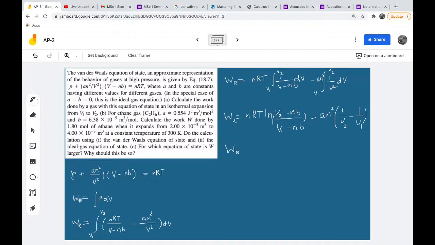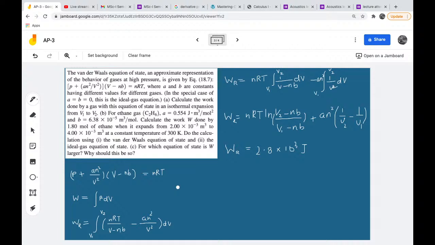So this is the work done for real gas. If I put all this, the value that I get is 2.881 or something into 10 power 3 joule. This is my value obtained here.